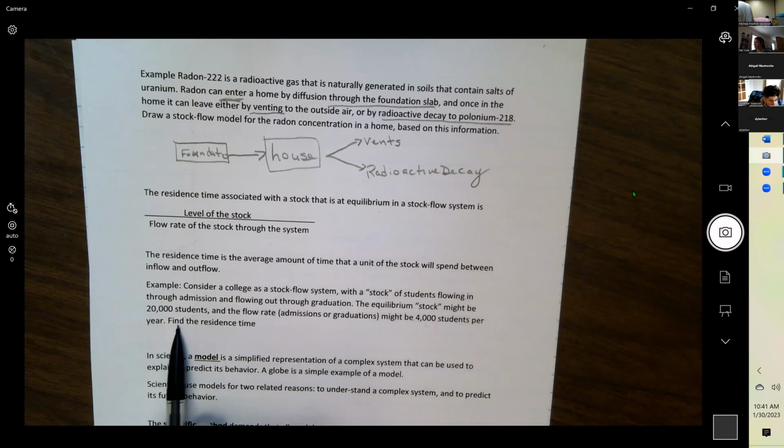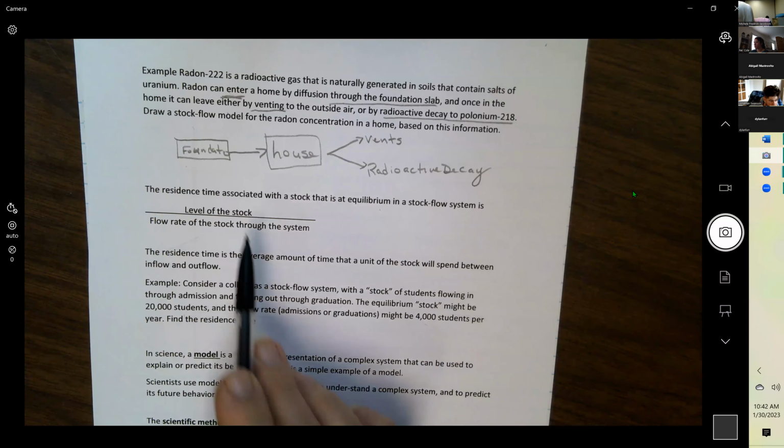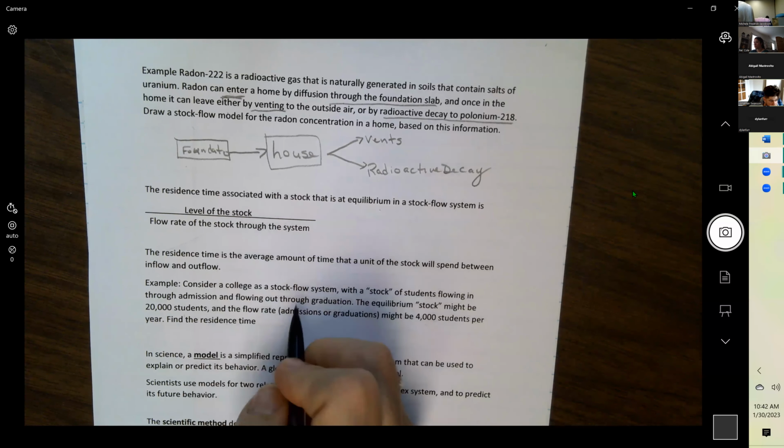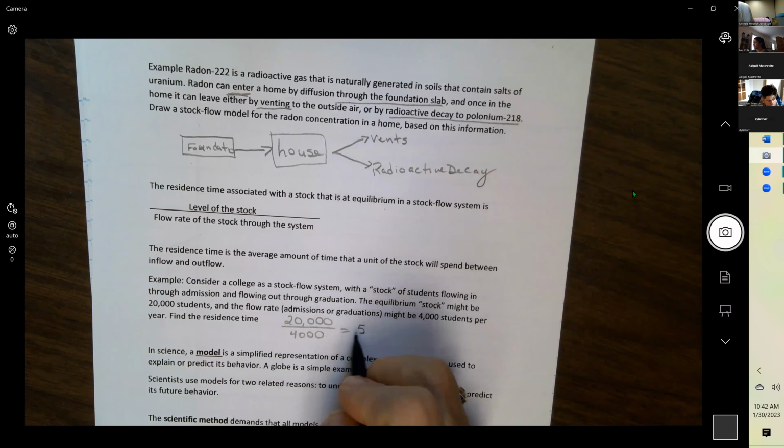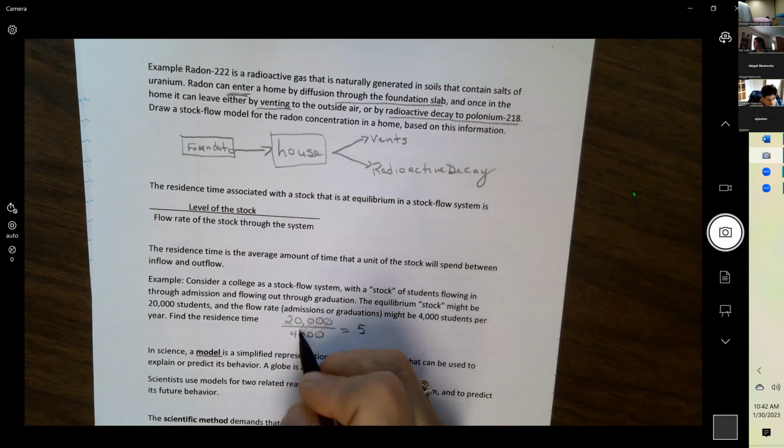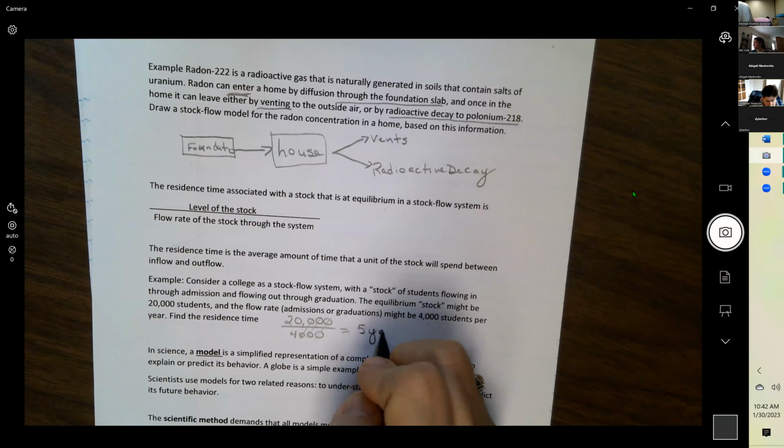But if we wanted to find the residence time, then we take the level of stock, which is 20,000. That's how much is there. And divide by the 4,000 that graduate. And that gives us 5 years.